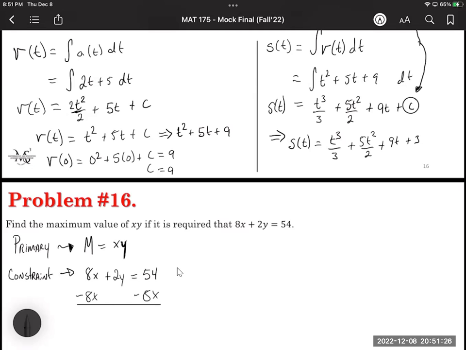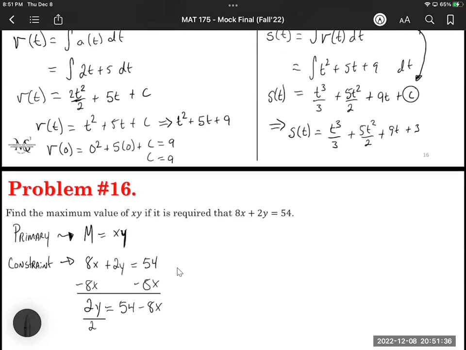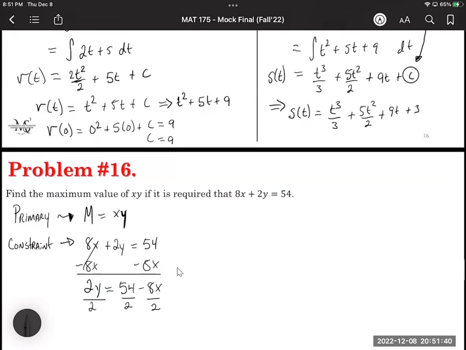This will give me 2y is equal to 54 minus 8x. But to get y by itself, I would have to divide every single term by 2. So the 2's would cancel. It'll give me y by itself. And this will say y is equal now to 54 over 2, which is 27, and negative 8x over 2 is negative 4x. So you get y equals 27 minus 4x.